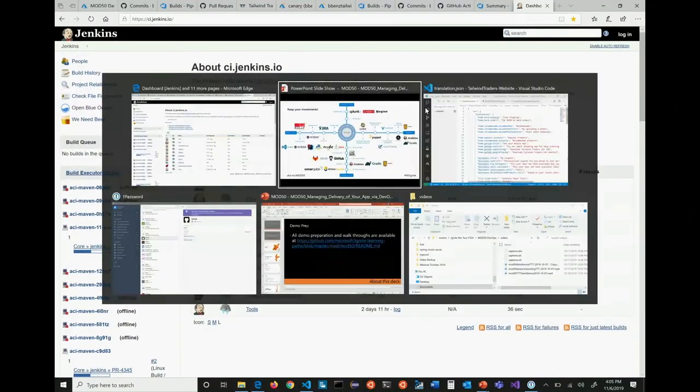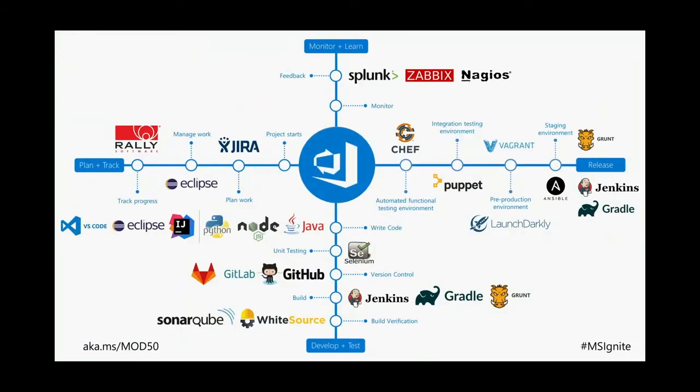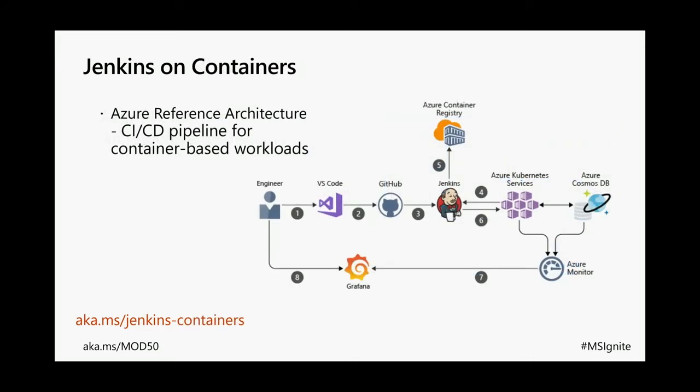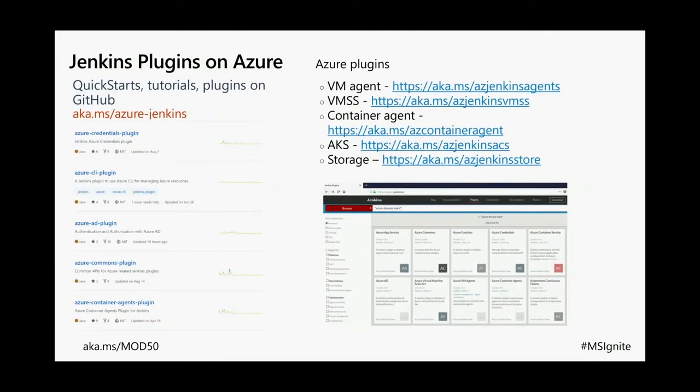A lot of things have come out of it. For Jenkins on VMs, we've produced Azure architecture. We also have a Jenkins for containers. And we have a ton of plugins that we've built in partnership with them as well. We are one of the companies, I believe we're the only company, that has a staff that builds Jenkins plugins that allow you to work with Azure.